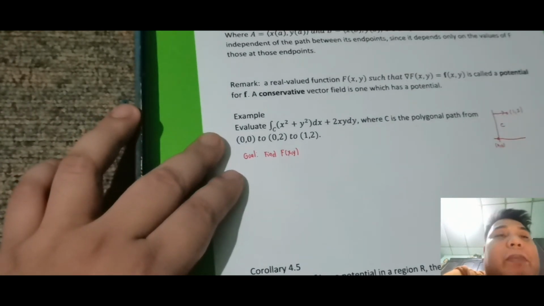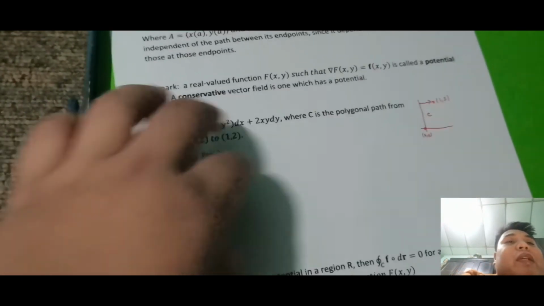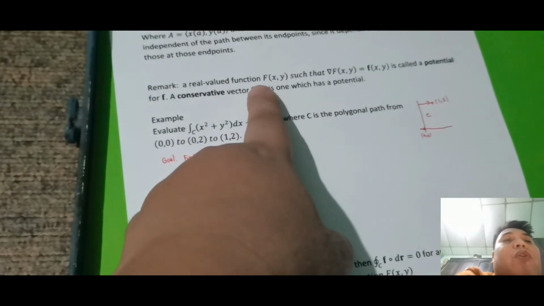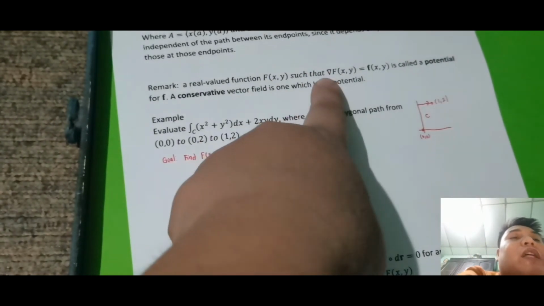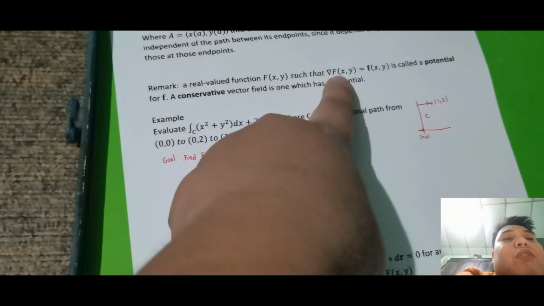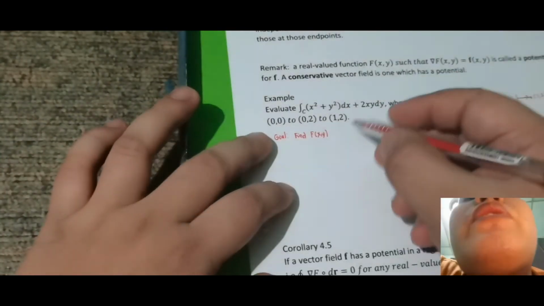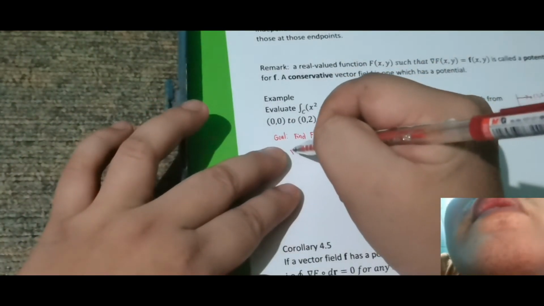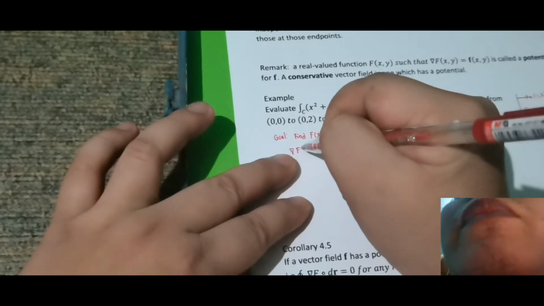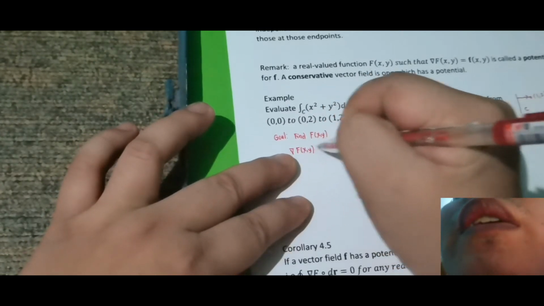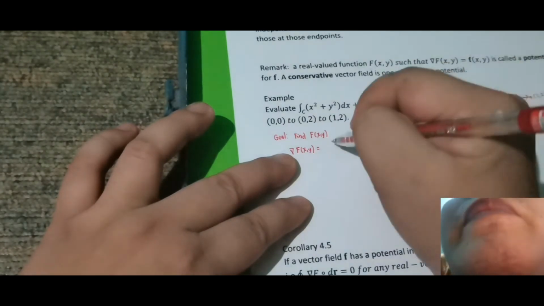So, paano natin nahanapin yan? So, aware tayo na ang sabi ng definition, ako ay magiging potential pag yung aking partial derivative of f is equal to f.